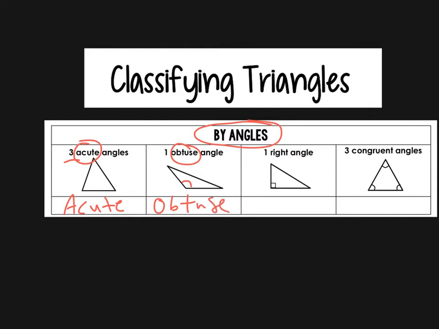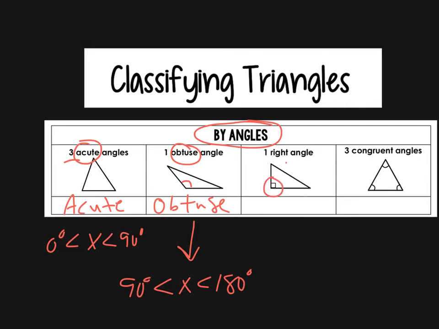Now remember, an acute angle by definition is going to be less than 90 degrees and greater than 0 degrees. Obtuse angles are going to be less than 180 degrees and greater than 90 degrees. So we should be able to spot obtuse and acute angles by eye. Then obviously if we have a right angle, we're going to call that a right triangle.